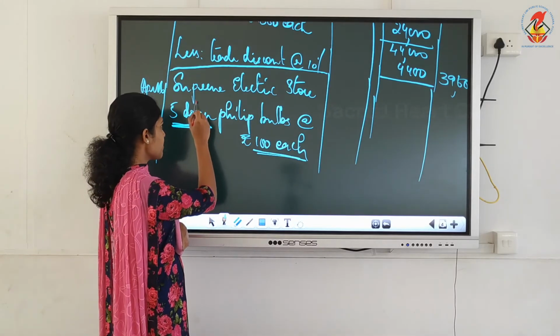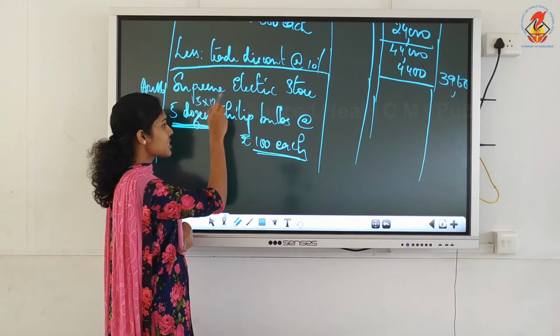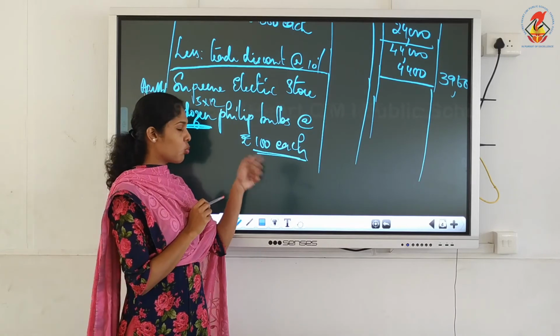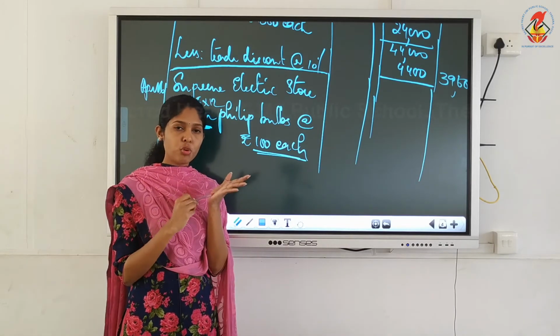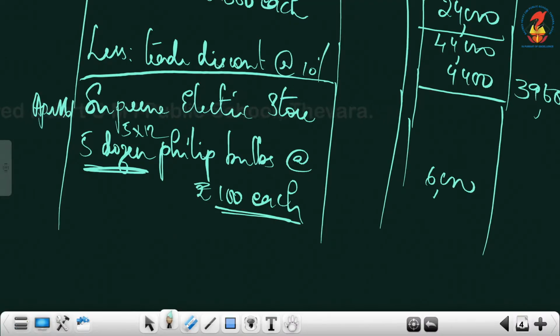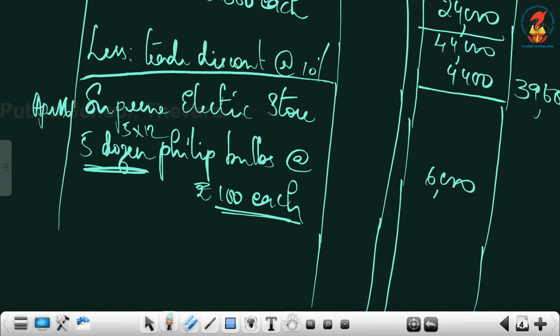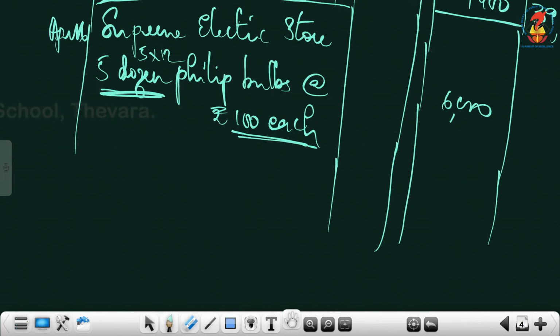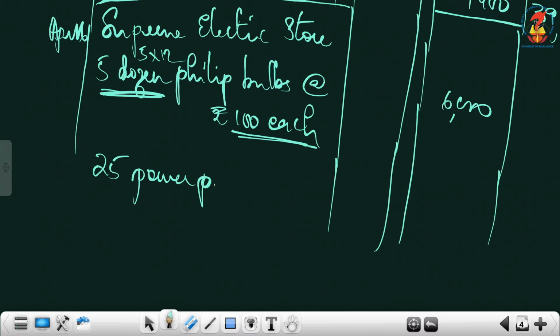So 5 dozen means it is 5 into 12, 60 bulbs you have purchased. And for one bulb, it is 100. So for 60 bulbs, it will be 60 into 100, that is 6000. So all these calculations you have to be very careful. Though it is easy, you will make calculation or careless mistakes in these type of questions. So be very careful when you do problems.